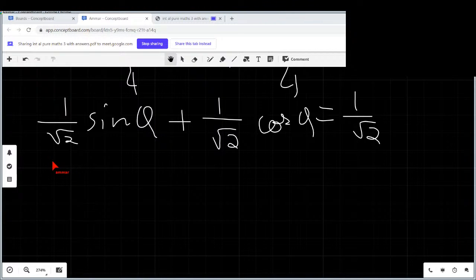And sine squared theta plus cos squared theta is 1. What about in between 0 and 2 pi? Between 0 and 2 pi is 180 degrees, right?